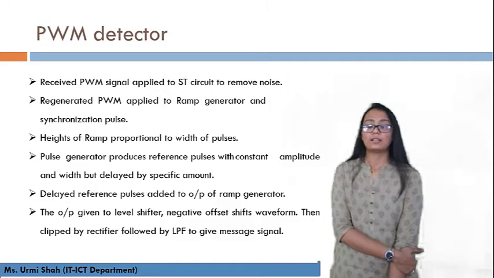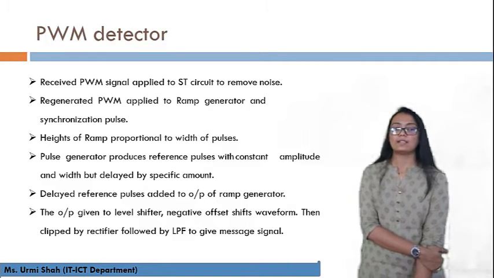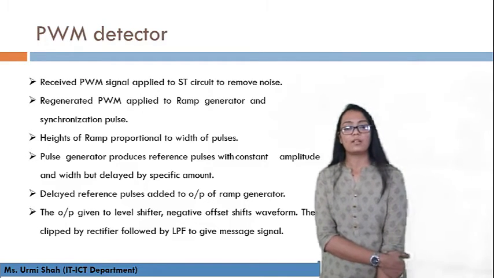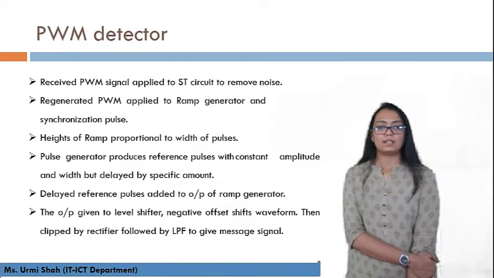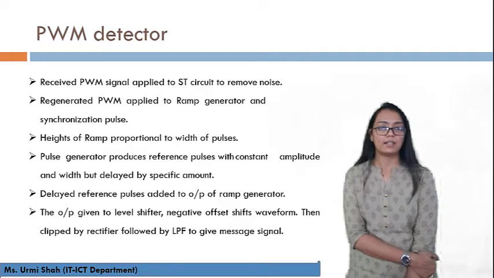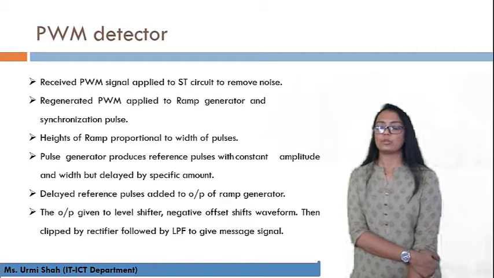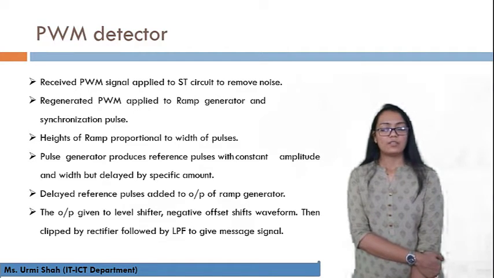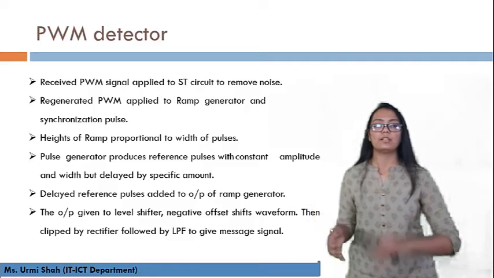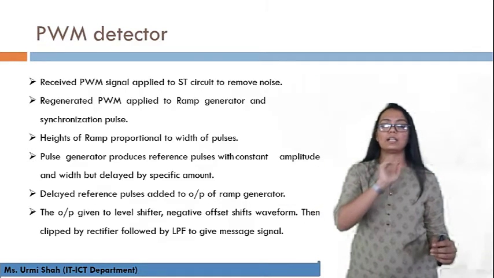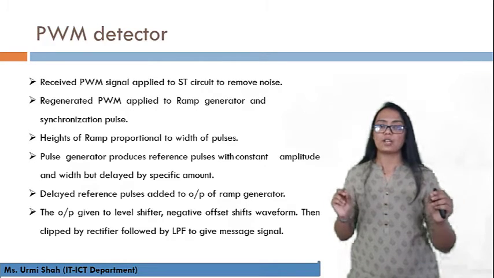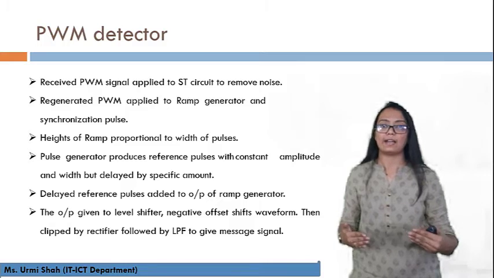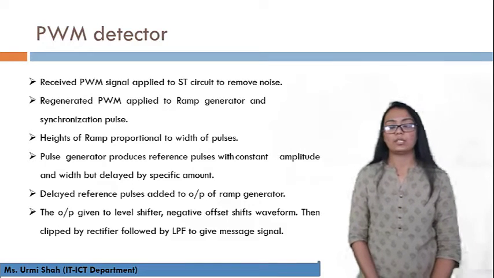Now here the PWM detector is having some specific role. What does it actually do? So the received PWM signal is applied to the Schmitt trigger circuitry, that is our ST circuit, and ST circuit's role is to remove the noise. Whenever a signal travels from a transmitter end to receiver end, in between in the communication medium or in communication channel, there are lot of chances of noises getting added to the transmitted signal.